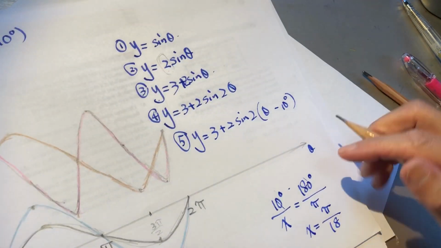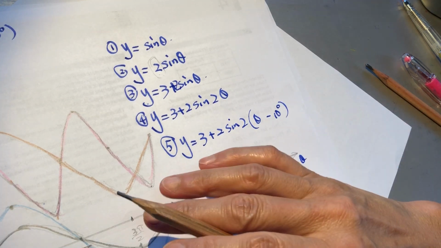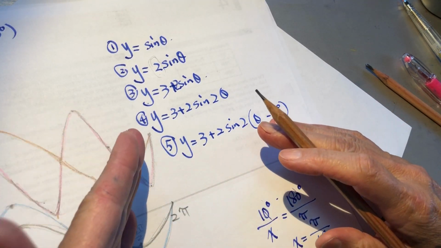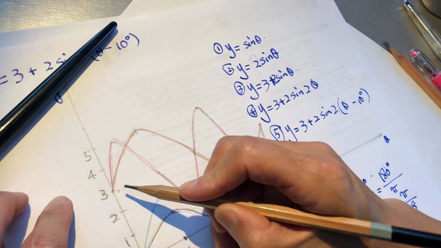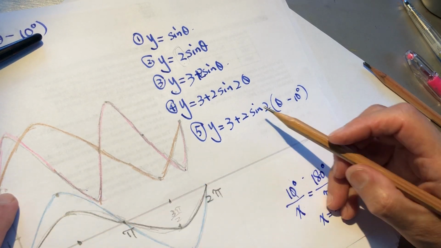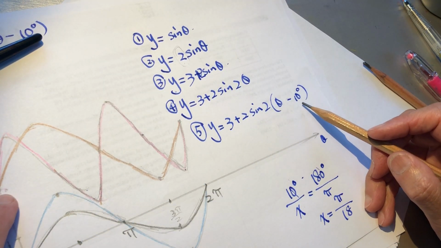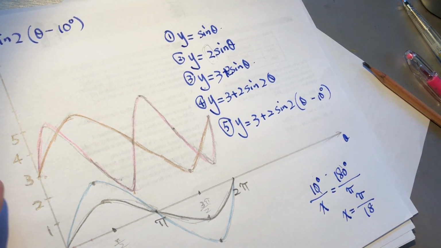Okay, so it's minus 10 degrees. It means it delays, so it shifts to the right. When theta is 0, here is negative 10 degrees, so it delays.